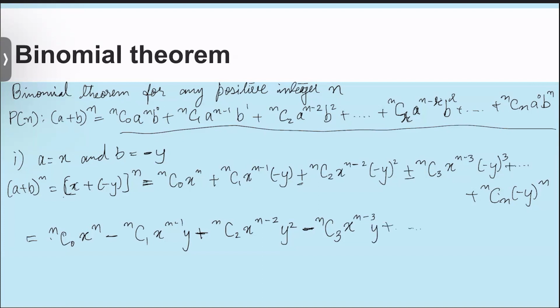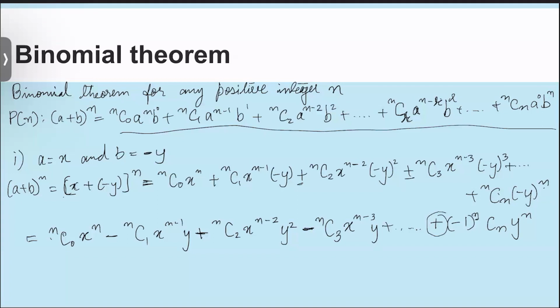Now for the last term, since we do not know what n is, we keep the negative sign as minus 1 raised to n and write the last term as such. No matter what your n is, the sign of the term depends on n.